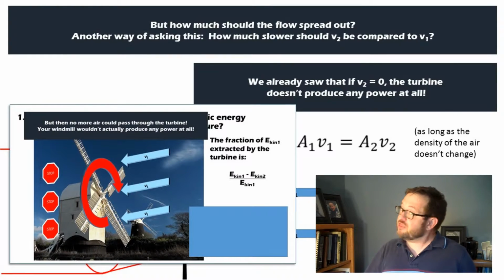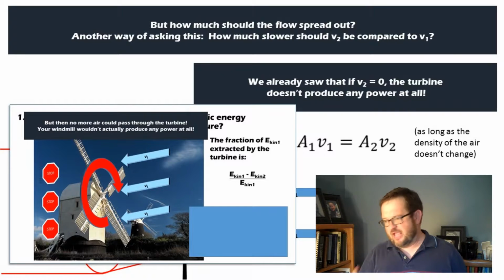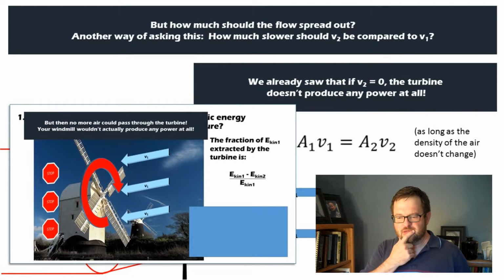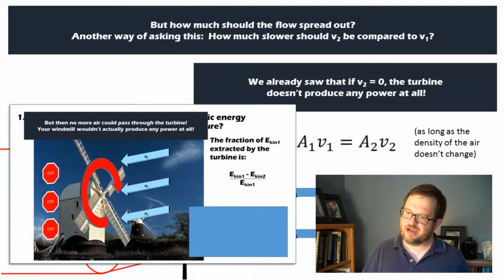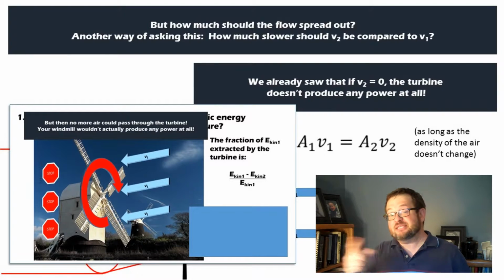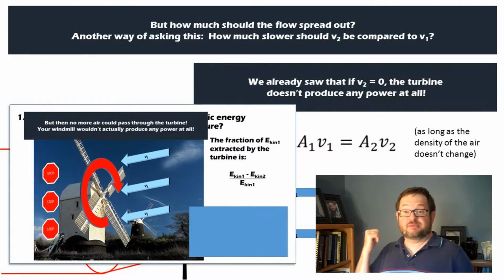For that matter, we know another way to make a wind turbine that doesn't make any power: have the wind slow down completely, down to 0 speed. So we could either have the wind speed downwind be 0, which doesn't give us any power, or we could have the wind speed downwind from the turbine be the same as the wind speed upwind from the turbine, but that doesn't make any power either.